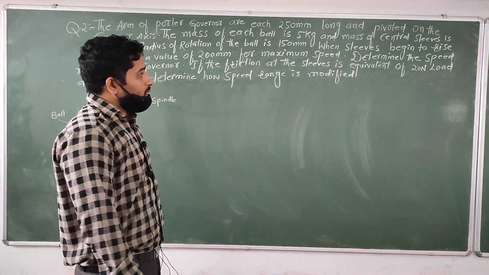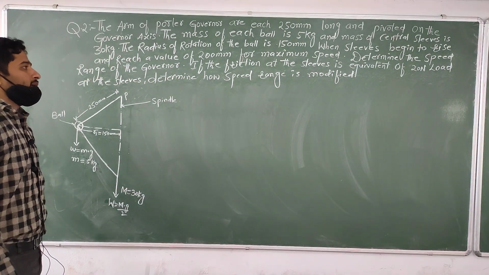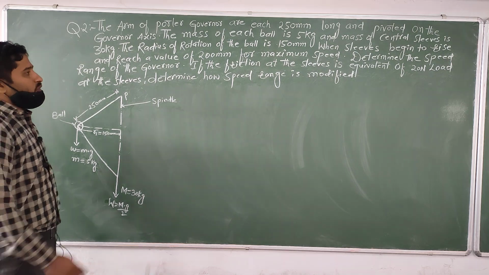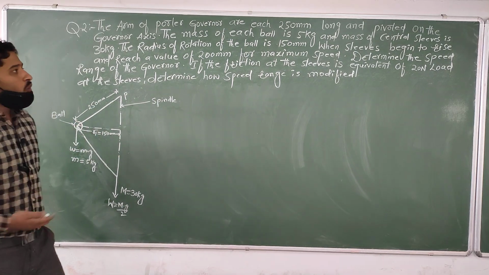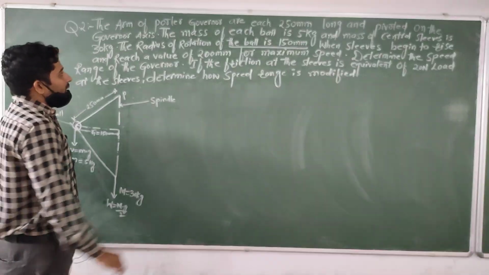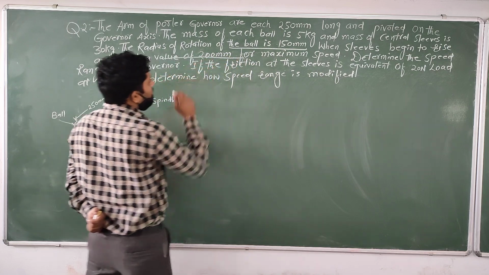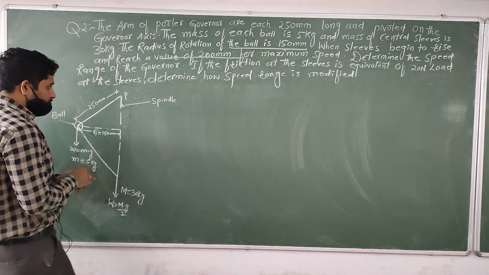When the sleeve begins to rise and reaches a value of 200 mm. So this means that first the radius of rotation is given as 150 mm, and when it reaches the maximum value, the radius of rotation is 200 mm.